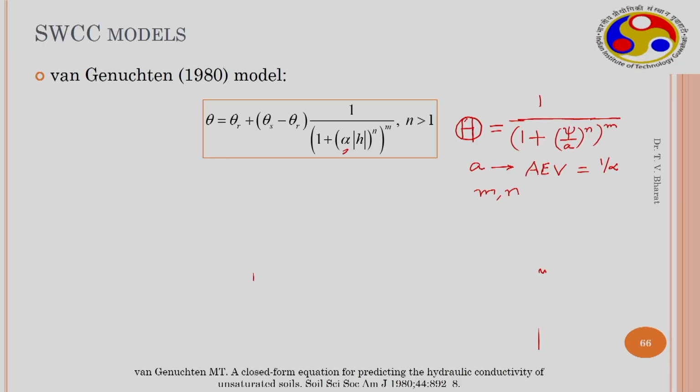The other parameters are m and n. n is related to the pore size distribution of the soil. m controls the overall symmetry of the soil water characteristic curve. So when theta r is also not known, then you have 4 parameters to estimate or determine. We will see how generally these parameters are determined from the laboratory estimated data of theta versus psi.